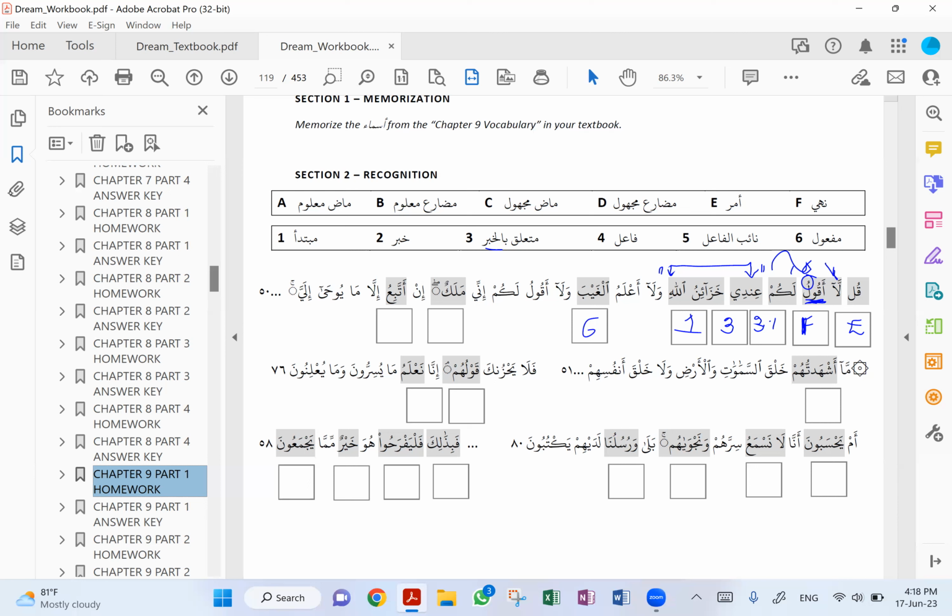One question: is أعلم a فعل or is it اسم تفضيل like أكبر? No, it's a فعل. Because it comes with a لا نافية, a la of negation, so this is مضارع.